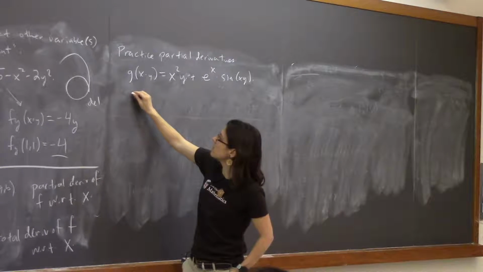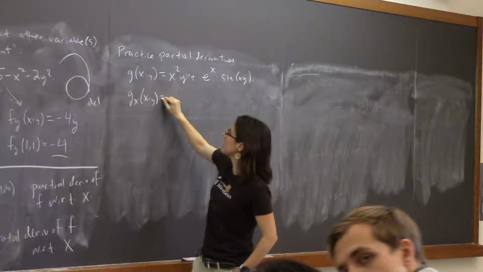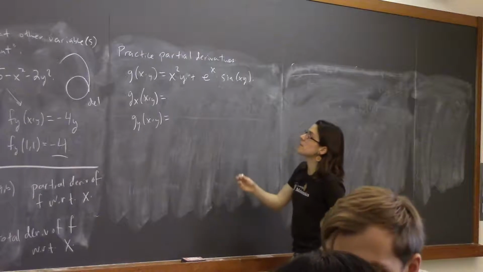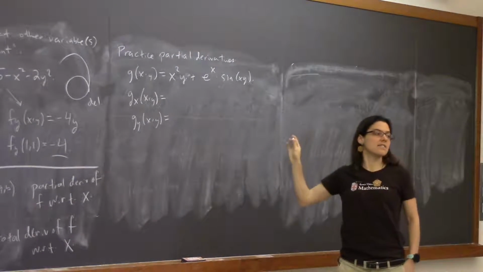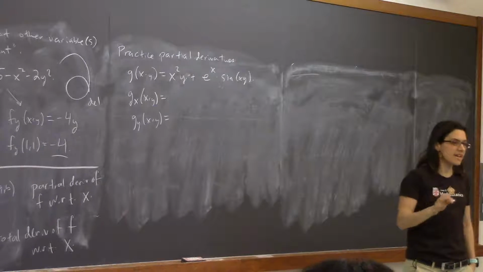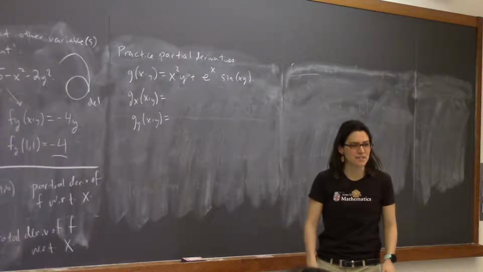Your quest is to take the partial derivative with respect to x, and maybe also with respect to y. Remember, these are functions, it's calculus, so the product rule, the chain rule, and the quotient rule all still apply. Okay, please do it and discuss with the person next to you.